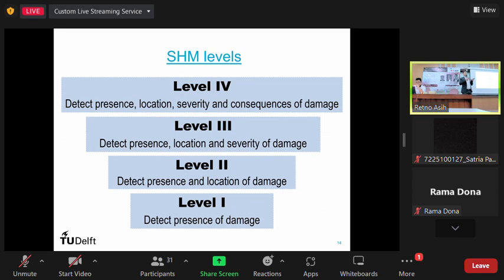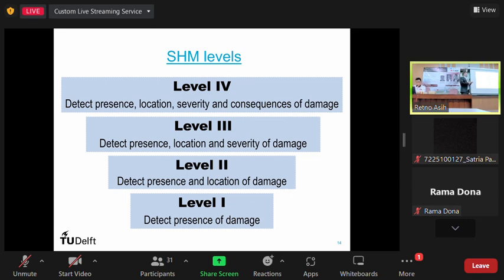So what is this damage doing? Is it reducing the lifetime? Is it important or not? It depends on the application, the structure, and your situation. You may choose to have different stages of structural health monitoring.